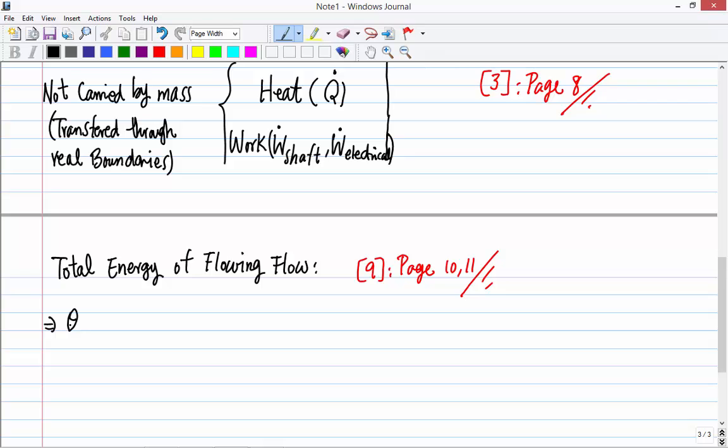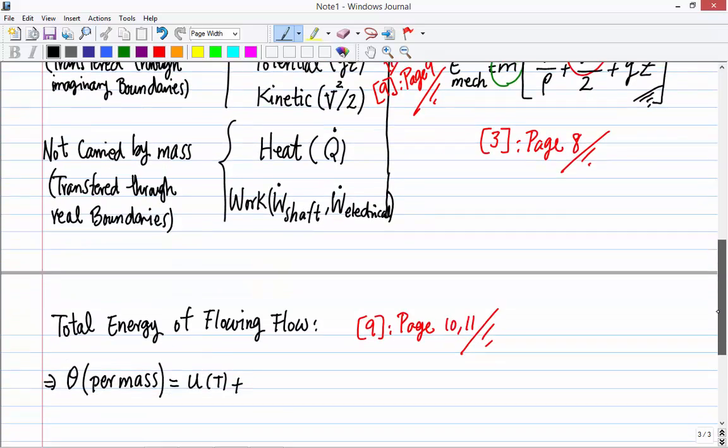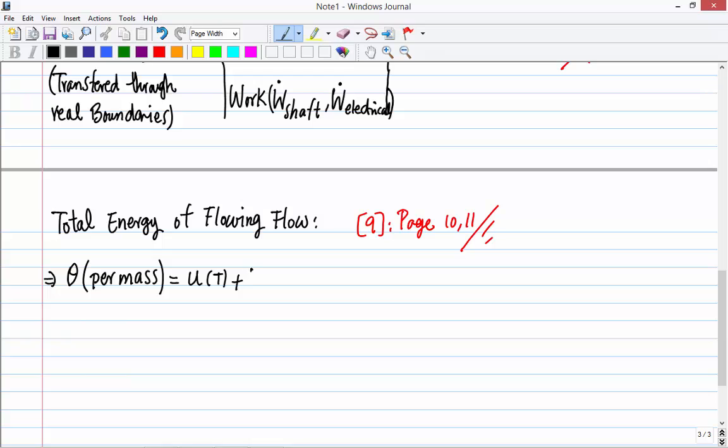First of all, we take theta as the notation, and it's defined per mass. And it equals U, internal energy, which is a function of temperature, plus, I just want to write them in order: internal energy, flow energy, potential, and kinetic. Plus flow energy, P little v, be careful, it's little v, plus potential energy plus kinetic energy.